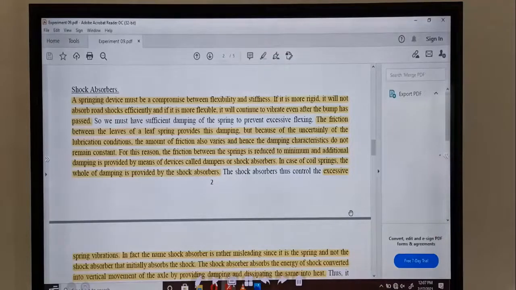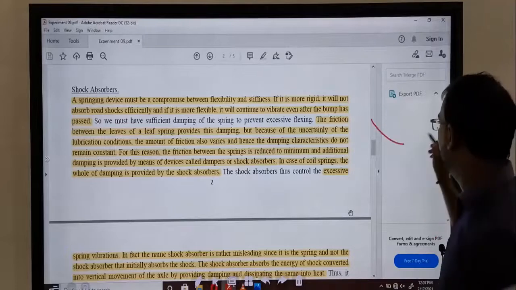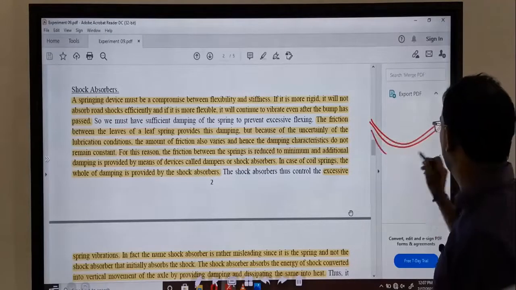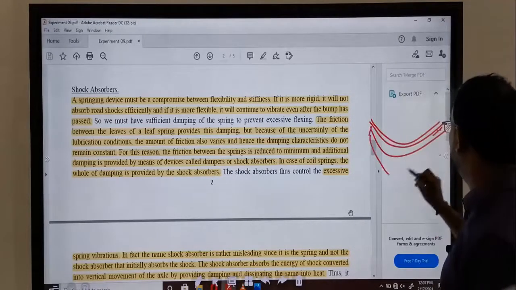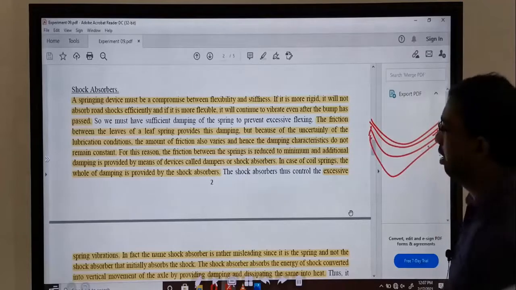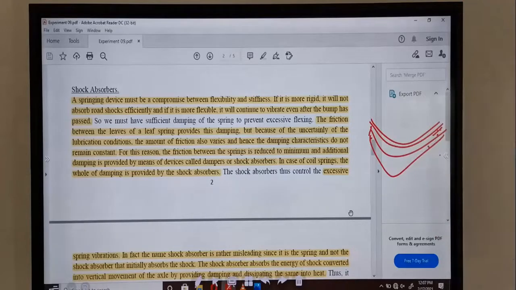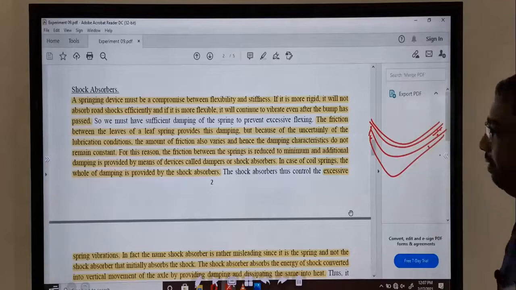The friction between the leaves of the leaf spring provides this damping. What is damping?